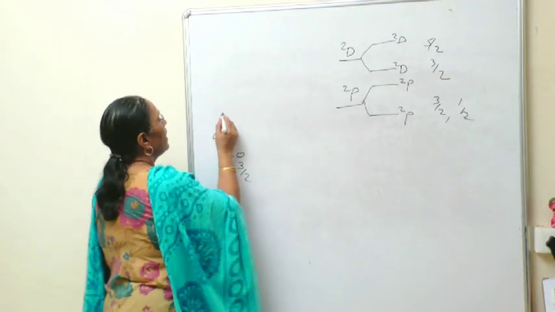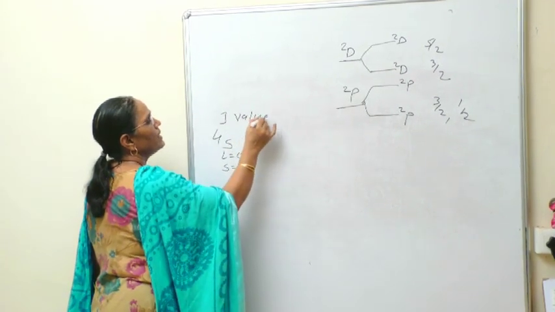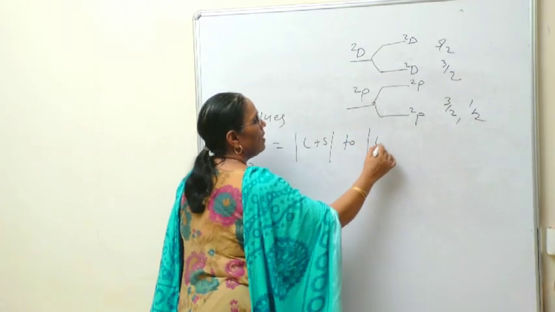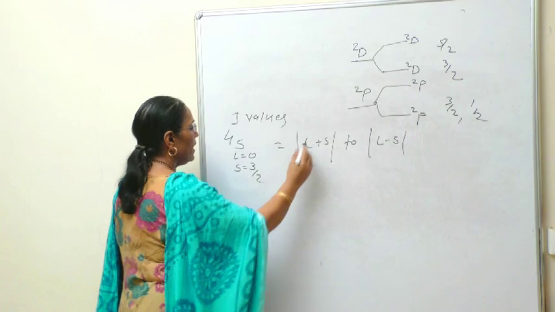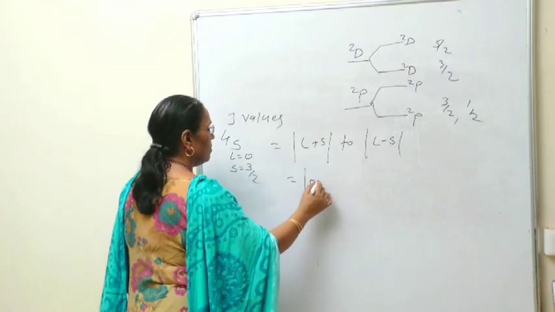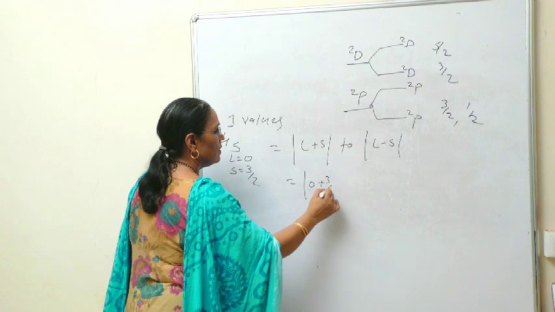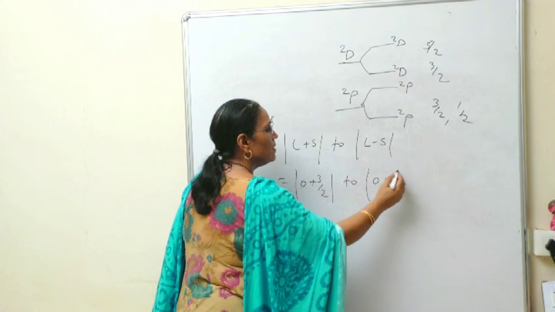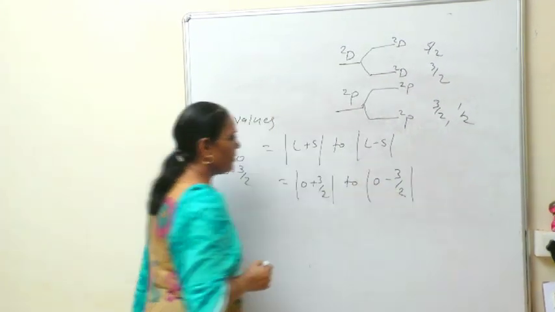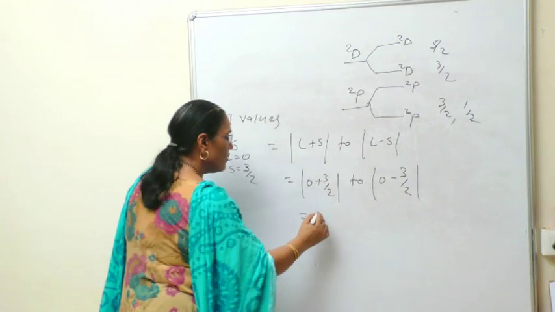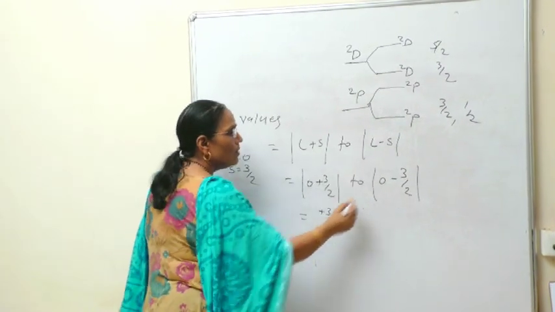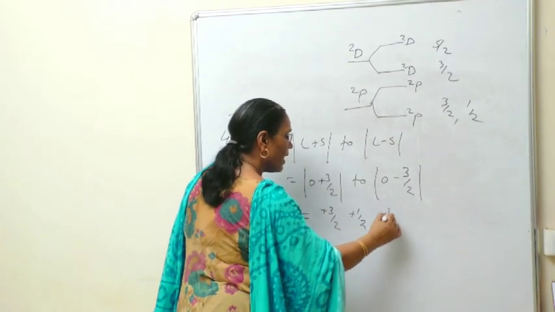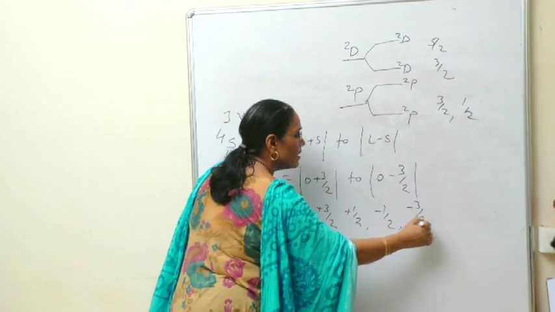So the J values for quartet S will be obtained by using L plus S to L minus S, that is 0 plus 3/2 to 0 minus 3/2, so plus 3/2, plus 1/2, minus 1/2 and minus 3/2.